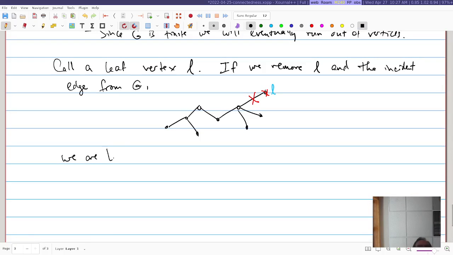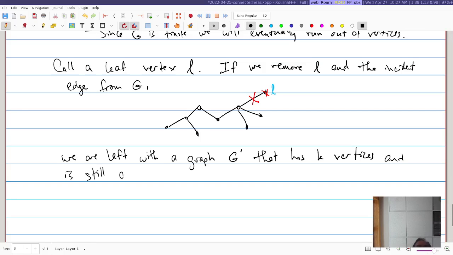We are left with a graph, I'll call it G prime, that has k vertices, because we just removed one. And it's still a tree. Why is it still a tree?